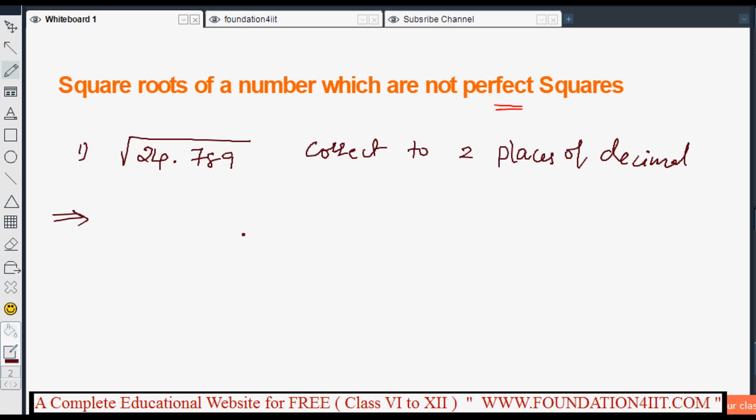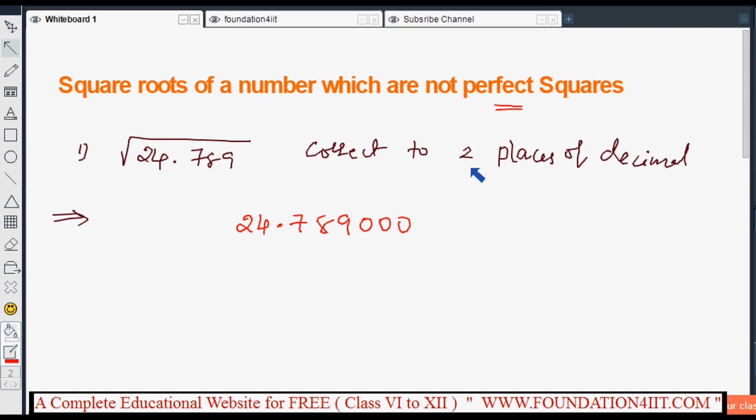We are using the division method only. 24.789 is the given question. We need to find it up to three places of decimal first, so I need to take extra zeros, because for two places of decimals there should be four digits after the point.